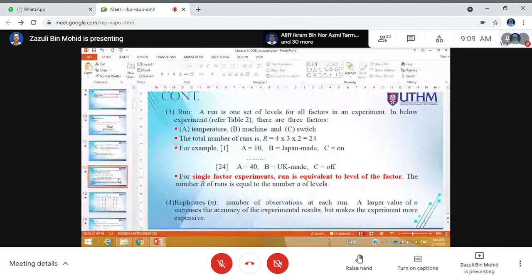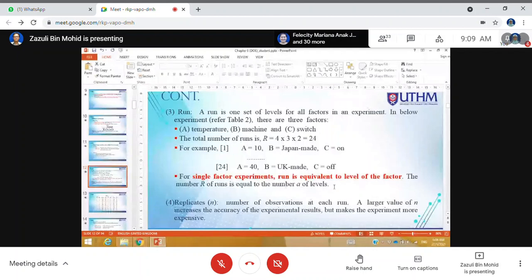But most of the time, lecturers will ask you how many trials. So for a single factor experiment, a run is equivalent to a level of the factor. The number R of runs is equal to the number A of levels.